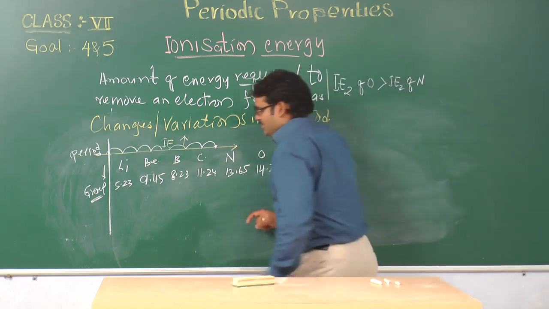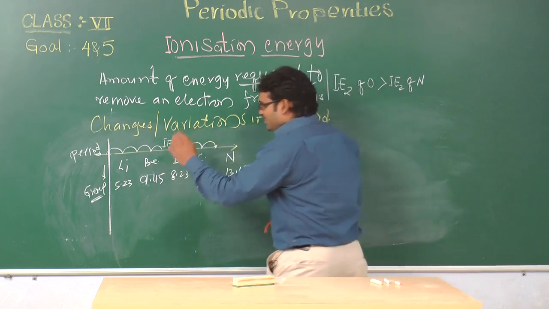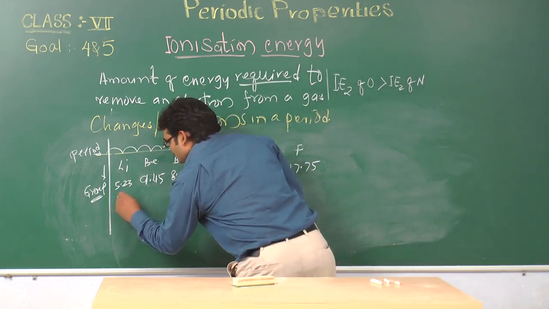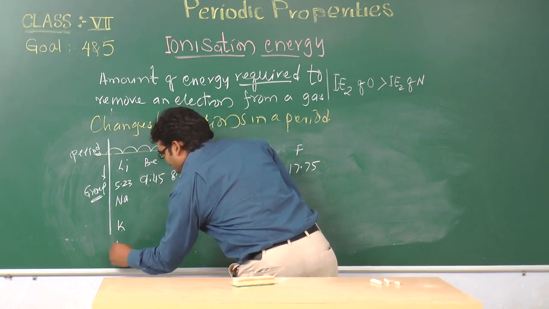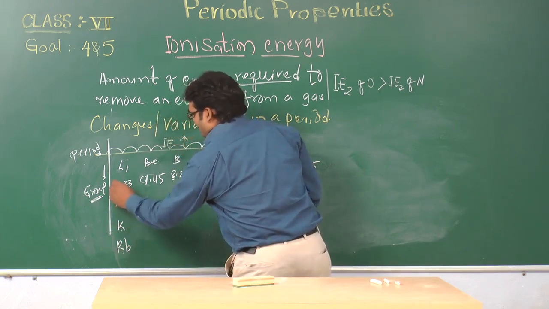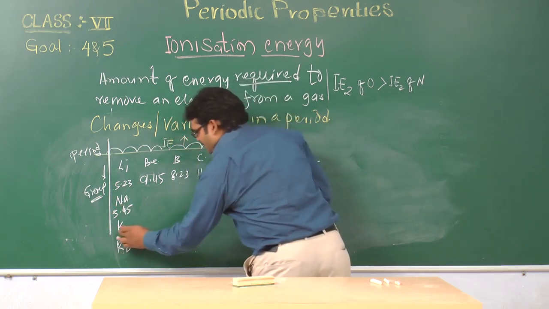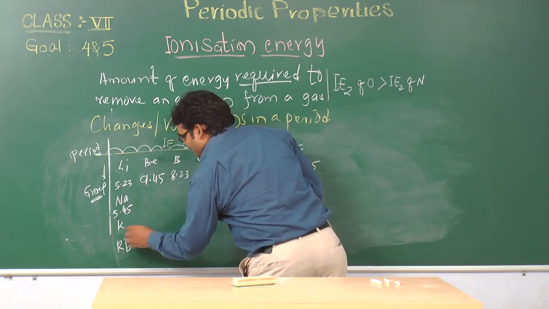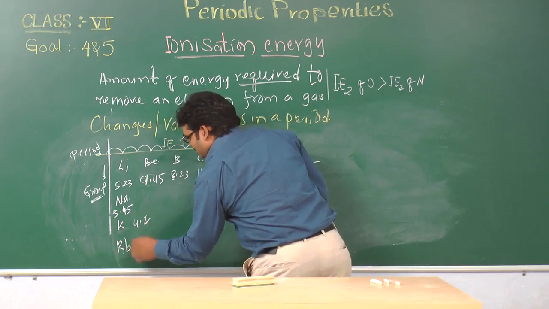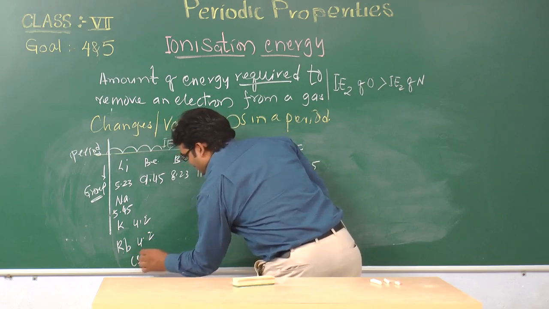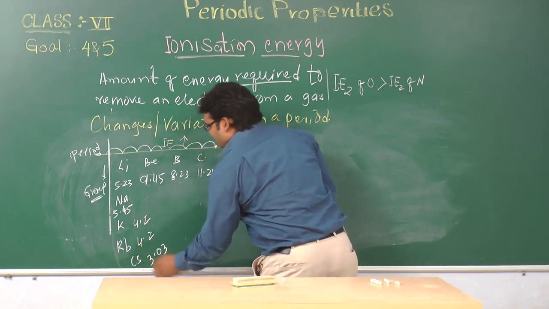In the same way, if we take the example of lithium, then sodium, potassium, rubidium, then this is 5.45, then potassium 4.2, rubidium 4.2, then cesium 3.03.